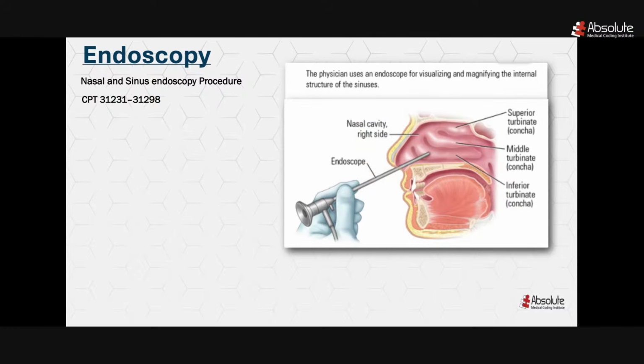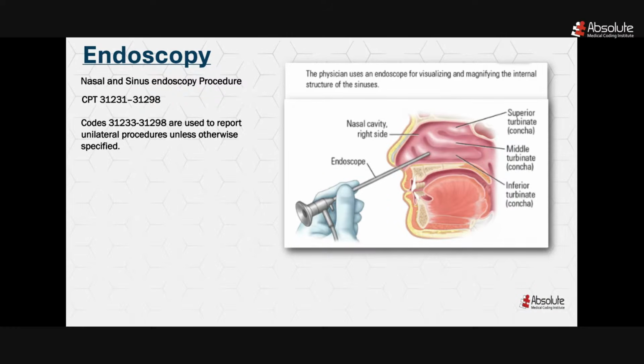So this is another image for the nasal endoscopy. And one of the first rules you need to remember is that the codes 31233 through 31298 are reported as unilateral procedures unless the code description clearly says otherwise.